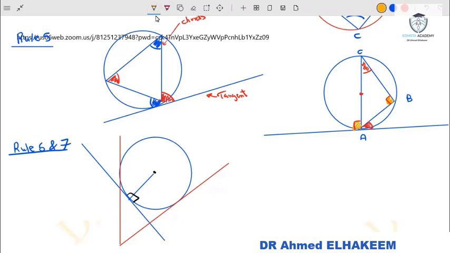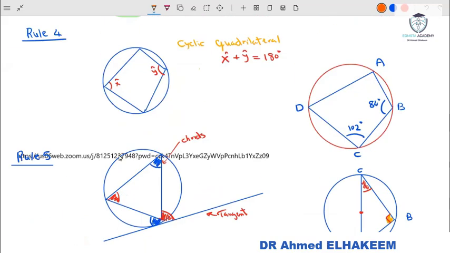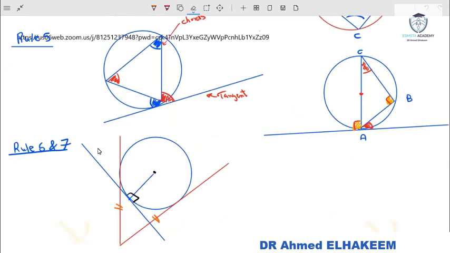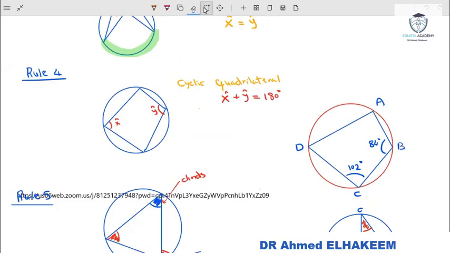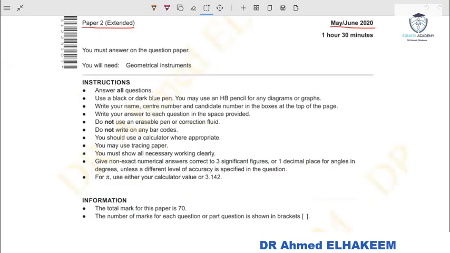And now I can easily say that these two tangents are equal. Okay? These are 7 rules. We should memorize very well. Now we will continue solving this.